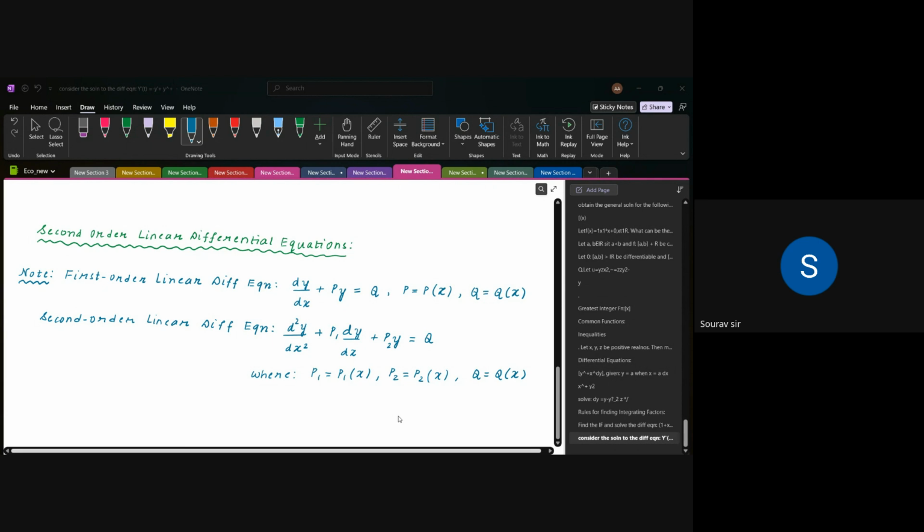So you have an additional second order term in the expression, and that makes it a second order linear differential equation.